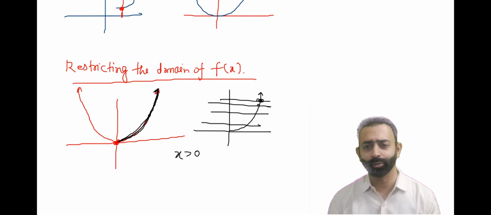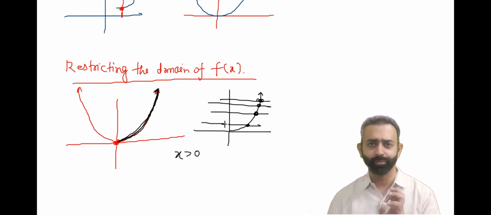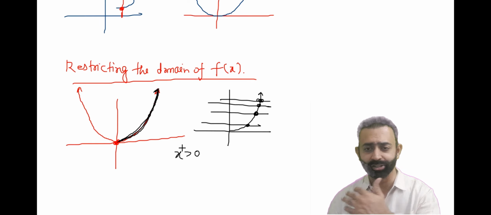It intersects at only a single point. So if we restrict the domain of y is equal to x squared to positive x values, its inverse exists because now the function is 1 to 1.